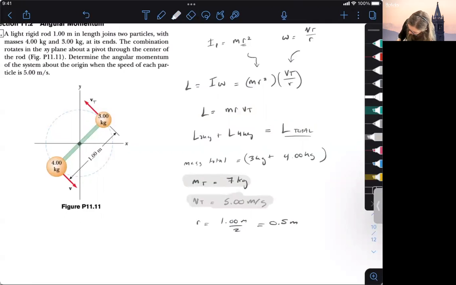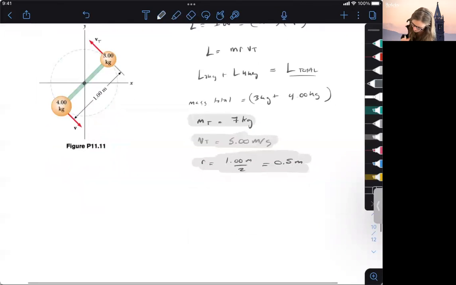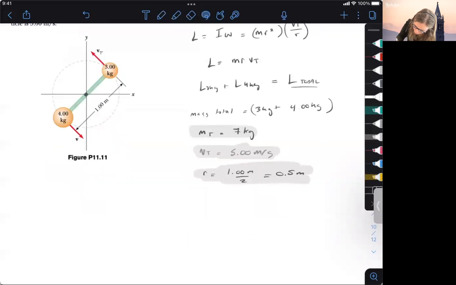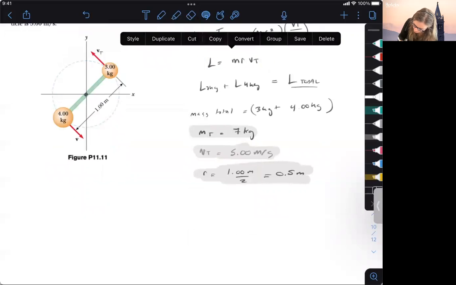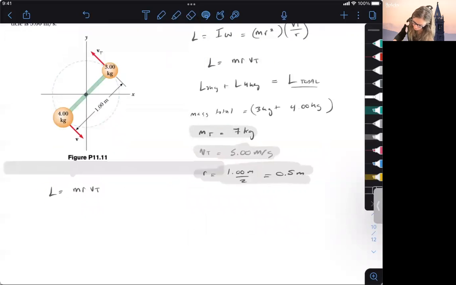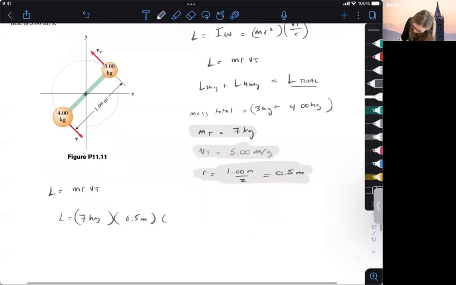Okay, cool. With all that information, we can just use the expression that we figured out for these point masses with a tangent velocity, and plug in what we have. L is equal to the total mass, 7 kilograms, times our radius, 0.5 meters, times our tangent velocity, 5.00 meters per second.